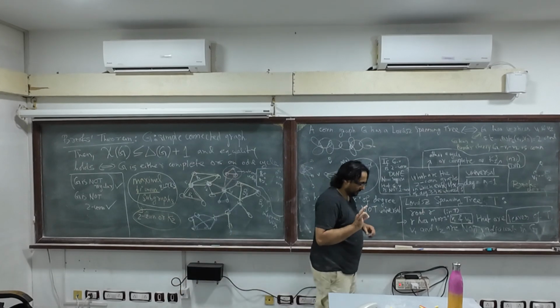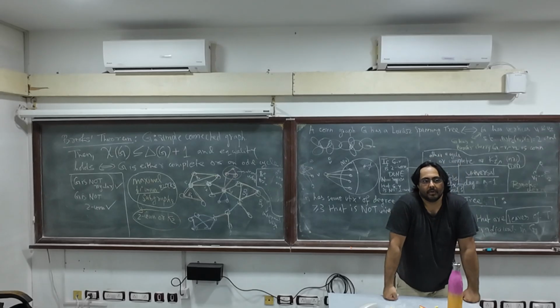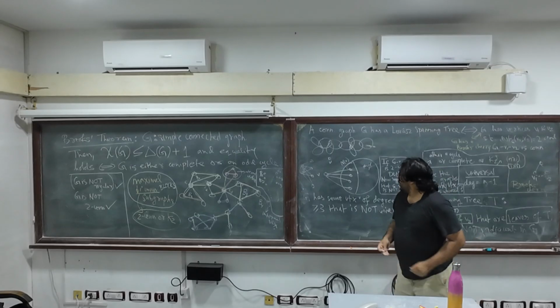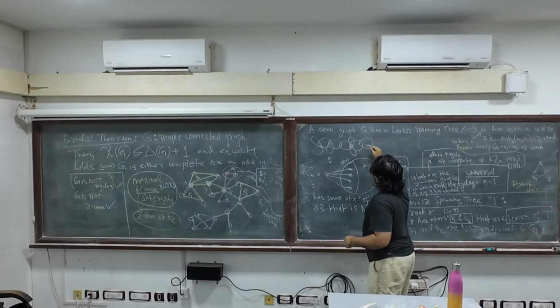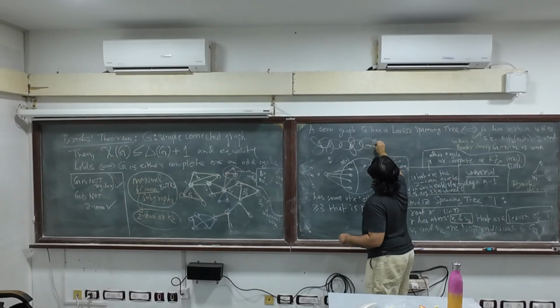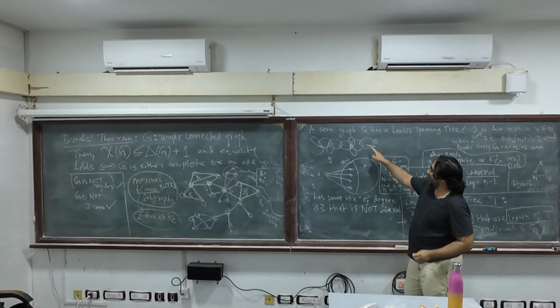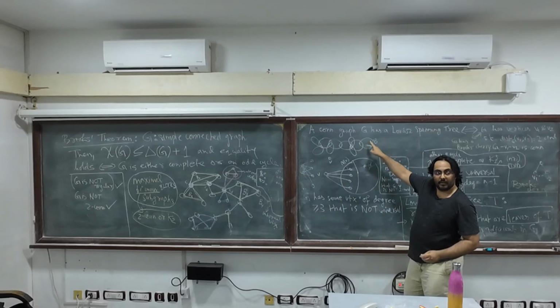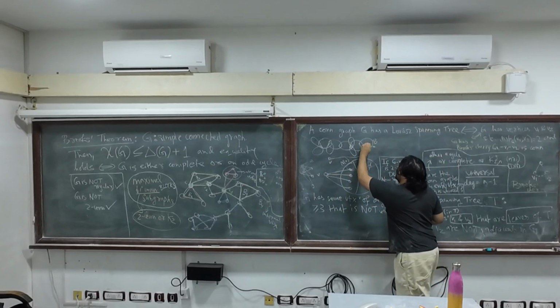The original graph is 2-connected. I claim that because the original graph is 2-connected, if I take any end block B, it must have a neighbor of V that is not a cut vertex, that is an internal vertex. There must be an edge like this.